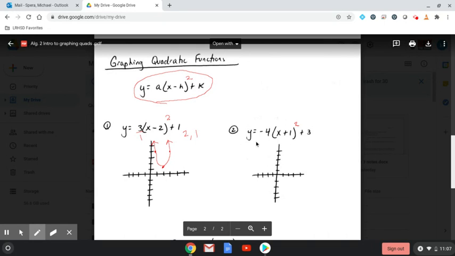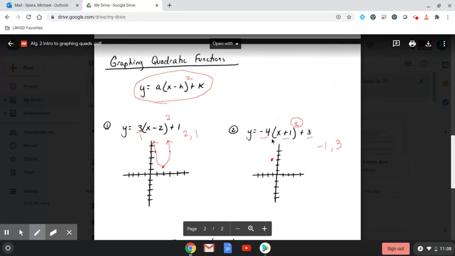And the second one, all right, what do we know about this? Well, we know it's a quadratic function because we have the x squared. We know that it's going to open downward because the function's negative. I'm going to start at h, k, which is -1, 3. So I go left 1, and I go up 3. Make a point.